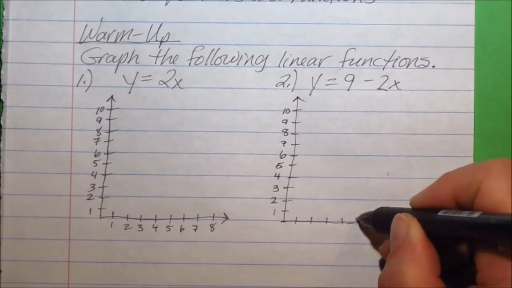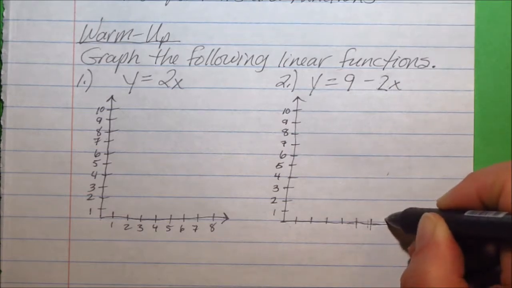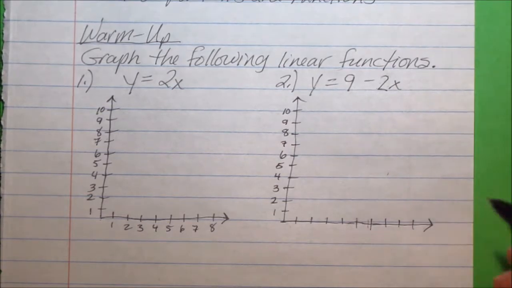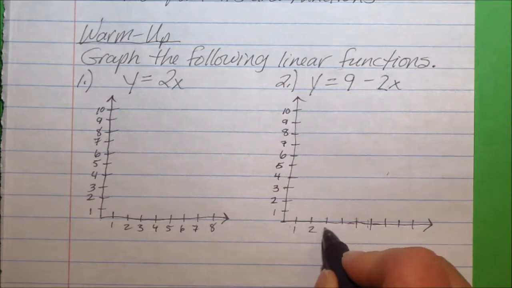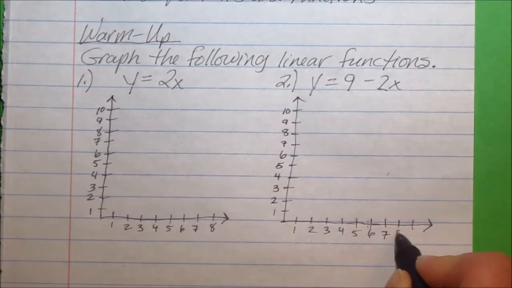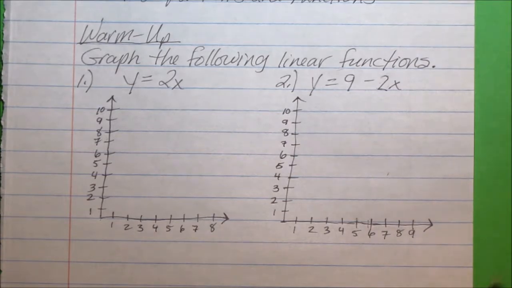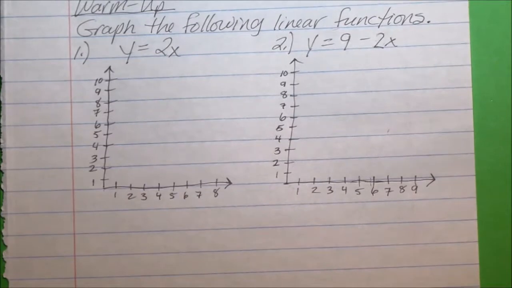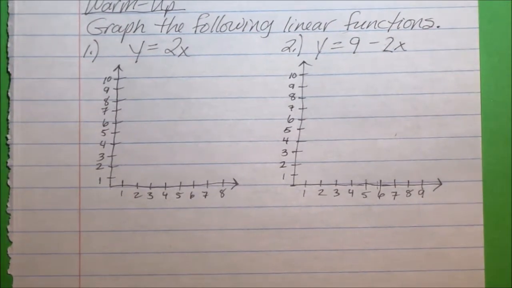Even spacing. Let's try that again. Let's see. 1, 2, 3, 4, 5, 6, 7, 8, and 9. All right. I could put a 10 there if I needed to, and I don't think you need to on that one.